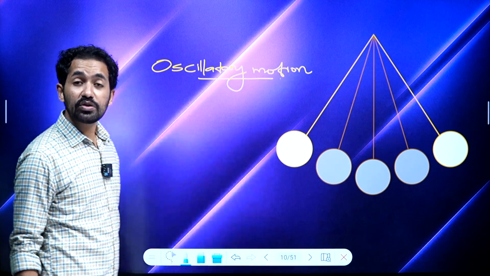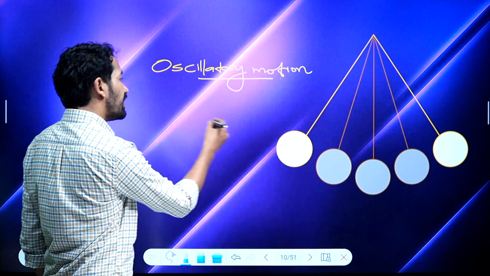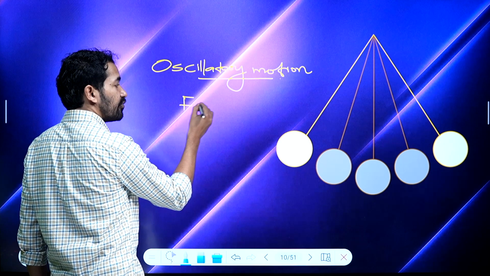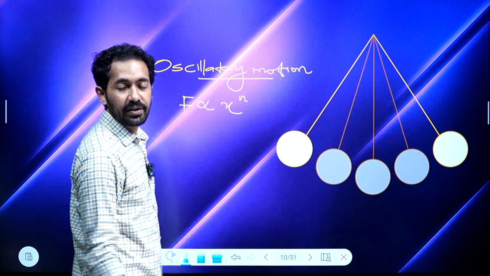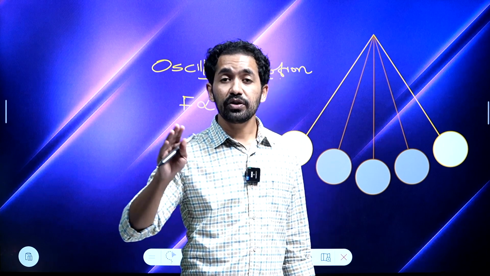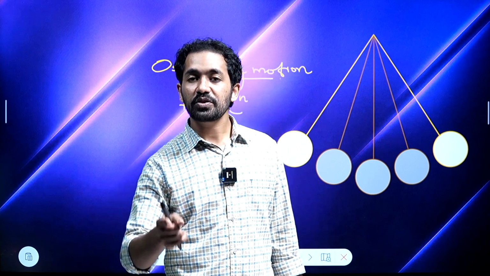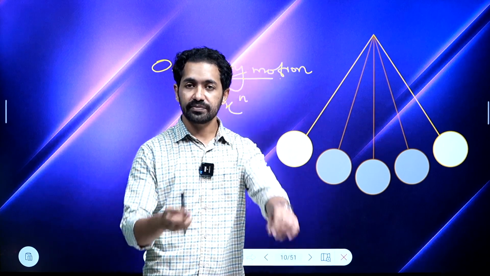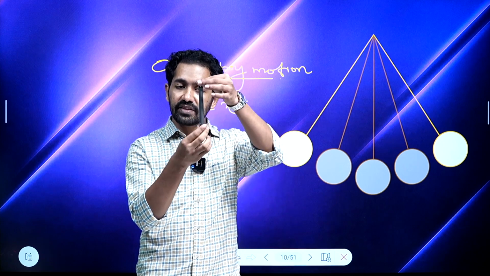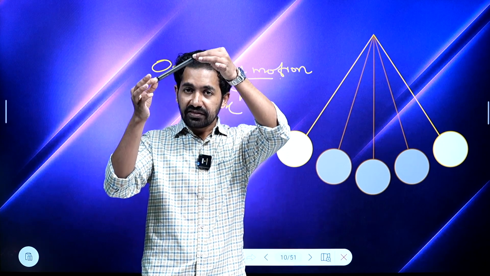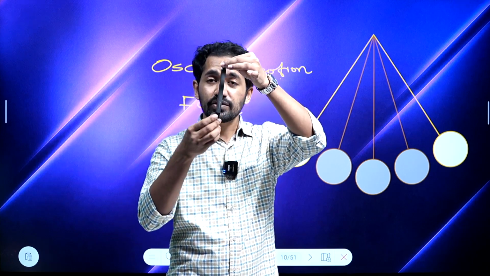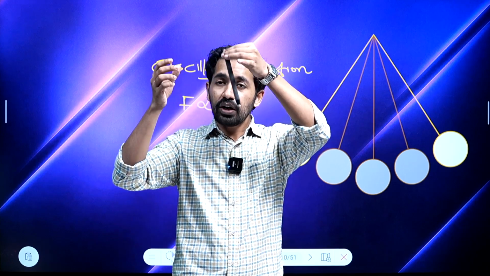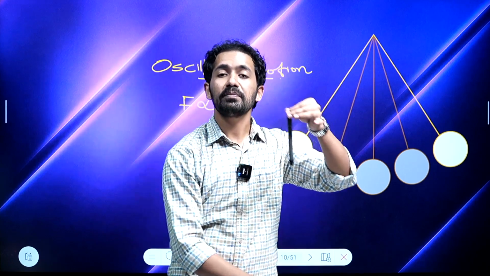What do you mean by oscillatory motion? In oscillatory motion, you can say that the restoring force is directly proportional to the nth power of displacement. Meaning, when you are displacing something from the mean position, the restoring force is that which pulls the object back to the mean position.